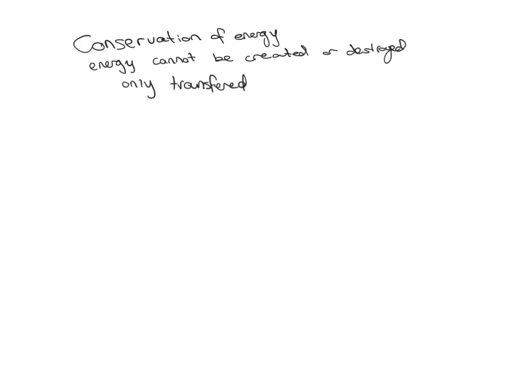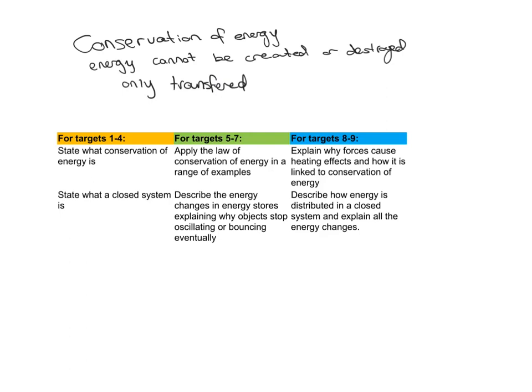Now this is the outcomes again in terms of targets that you should expect to know. If you're targeting for grade 4, then you should be able to state the conservation of energy and state what a closed system is, which we saw before.